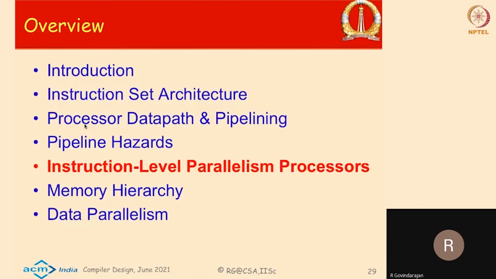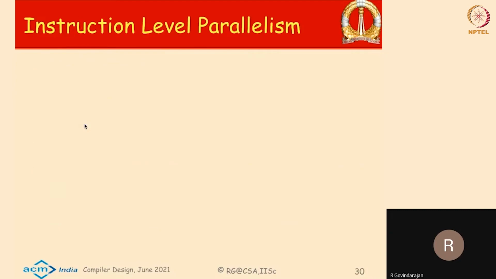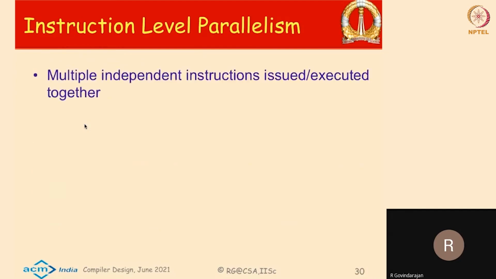Okay. Now, we saw simple pipelined processors and the pipelined way of executing instructions, but modern processors are capable of issuing and executing multiple independent instructions and thereby exploiting instruction level parallelism.